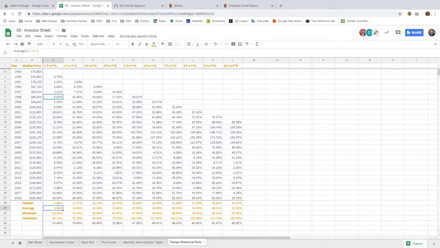In any 1 year stretch, the most anyone has ever made is a 26% return in 1 year, but the most that they ever lost in 1 year was about 19% of the value of their property. We can also determine that over any 10-year period, if someone is expecting to hold on to a property for 10 years, they can probably, on average, assume that they're going to make about 50% price appreciation. The best 10-year period in the last 25 years made nearly 200% return.